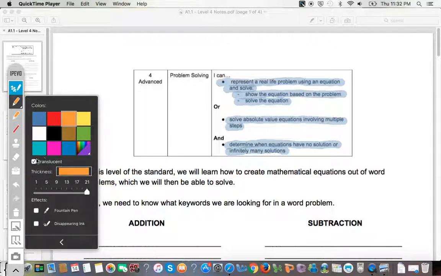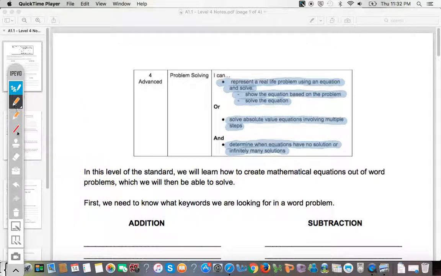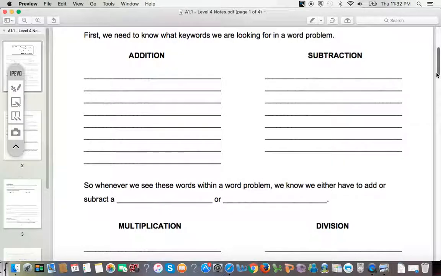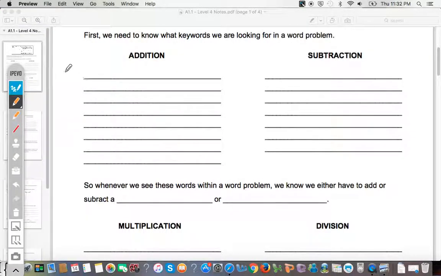Alright, let me get set up here. So let's deal with the word problems first. We need to know what keywords we are looking for in a word problem.